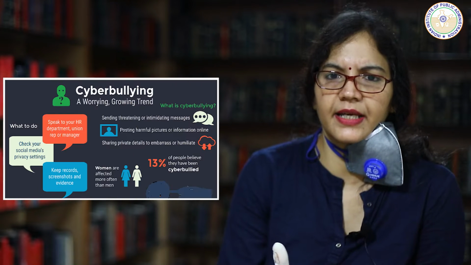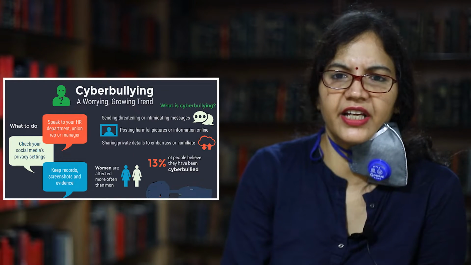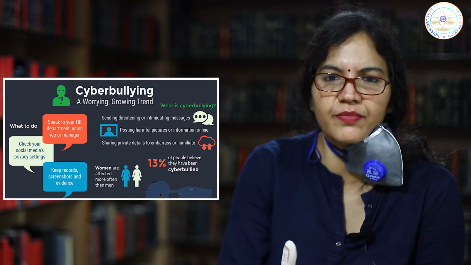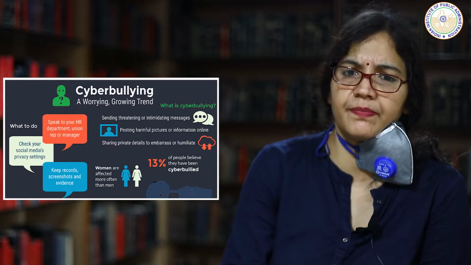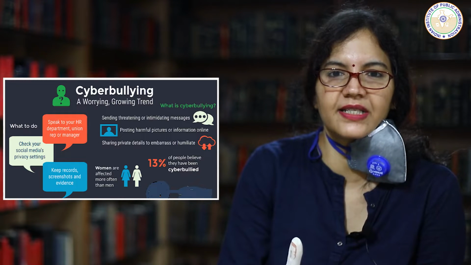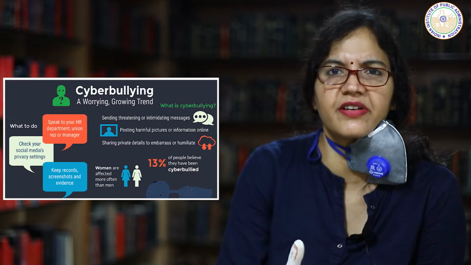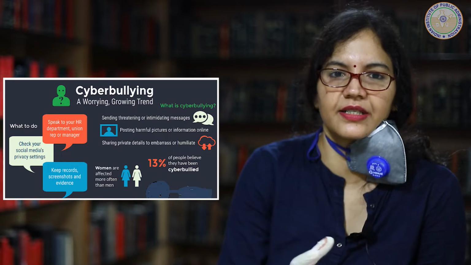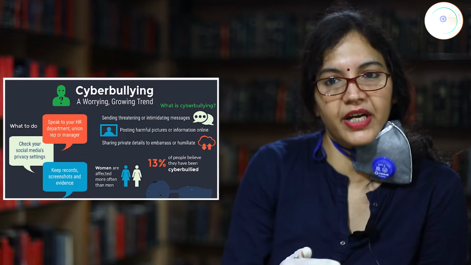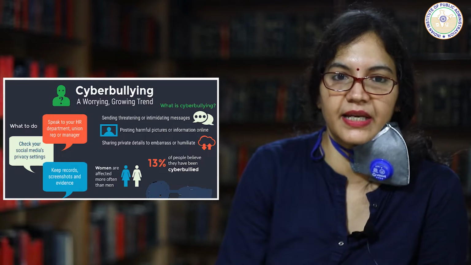Now there's something called cyberbullying. People are sending threatening or intimidating messages, posting harmful pictures or misinformation online, and sharing private details to embarrass or humiliate someone. That's cyberbullying, and it is a worrying, growing trend, especially among youngsters. So we have to educate more people on how to remain away from this kind of cyberbullying.